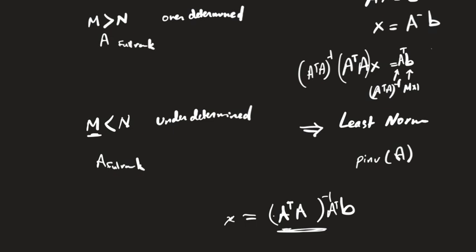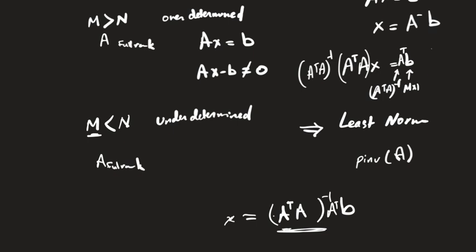In this case, you cannot find something that satisfies all the equations, but you try to find the trajectory which is minimizing the difference from the set of equations that you have. So the set of equations is Ax equals b. You say that I cannot find something that allows me to get Ax minus b equals 0. This is not possible, okay?